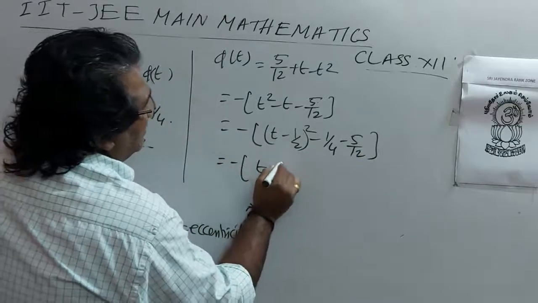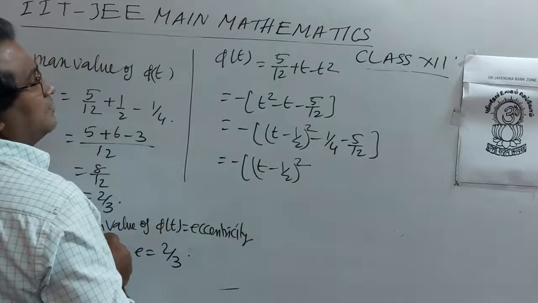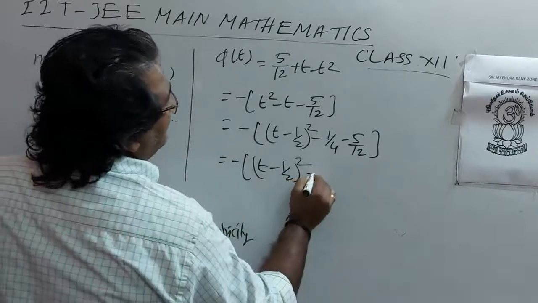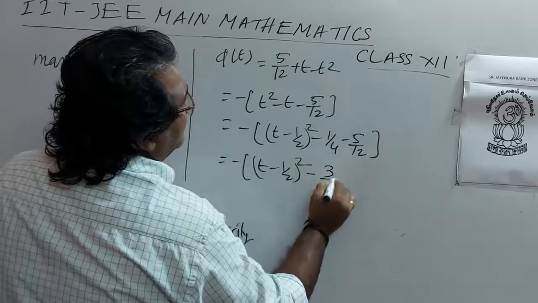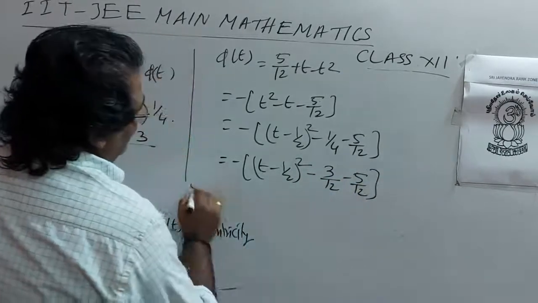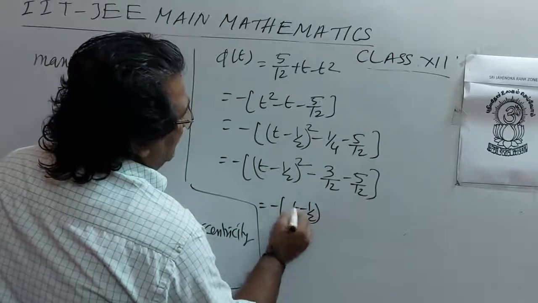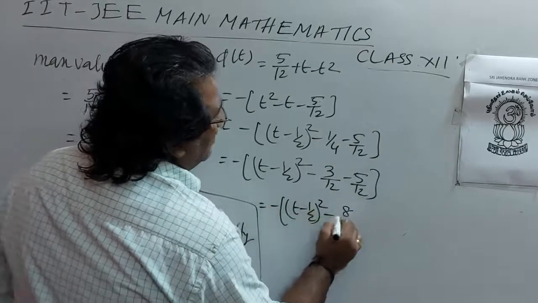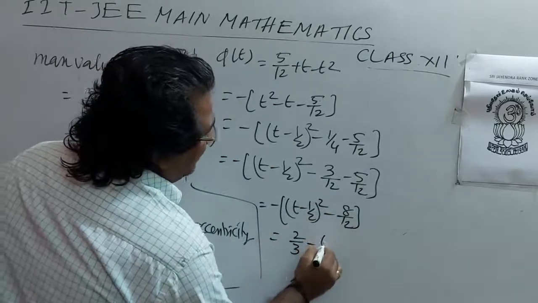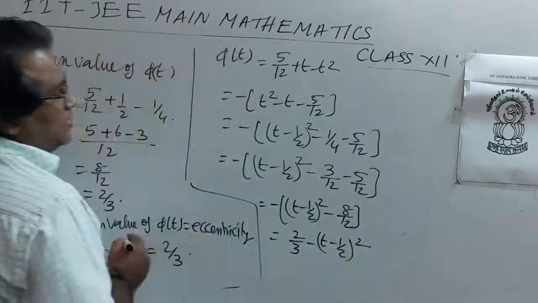Minus of t minus 1 by 2 whole squared, minus 3 by 12 minus 5 by 12, that is minus 8 by 12, 2 by 3 minus t minus 1 by 2 whole squared.